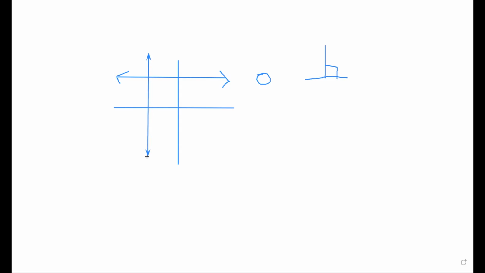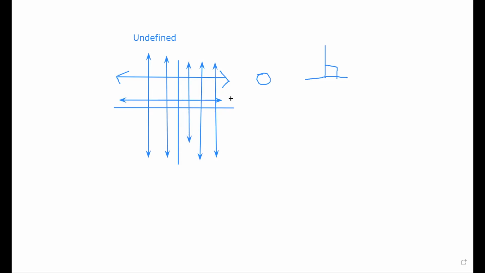Because now this undefined line, I can draw as many of these on here as I want, as long as they're perfectly vertical. Yeah, not real good at that, but perfectly vertical. Every one of these vertical lines is going to be perpendicular to any horizontal line.